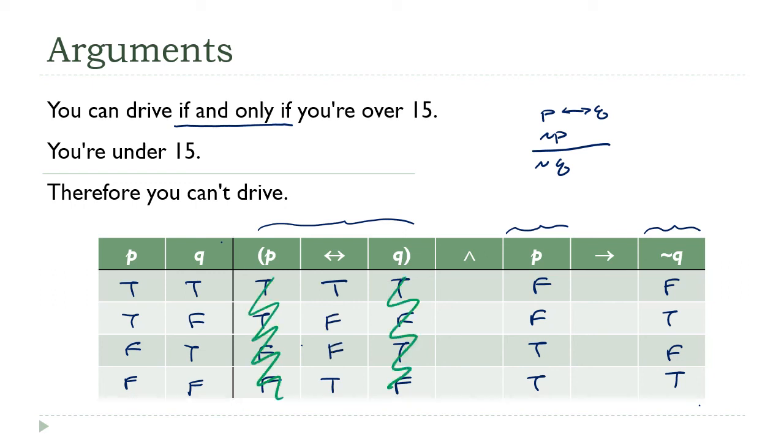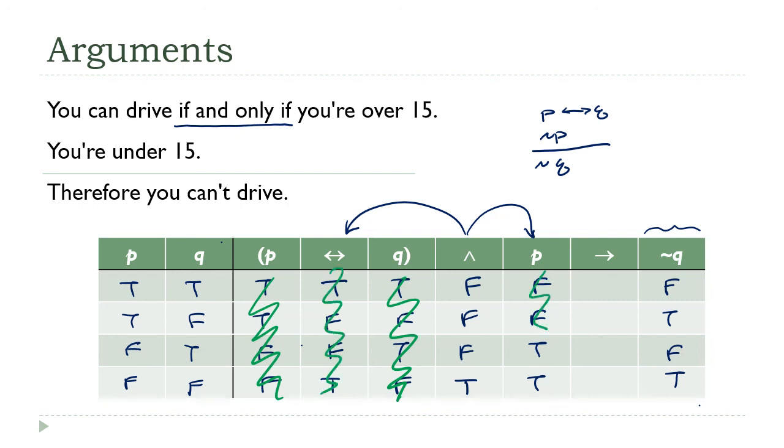Now get rid of these two. And I'm going to do the and. The and is going to be based off of this column and this column. And it's an and, so this is the only place I have two trues. Everything else is false. Now clean up again. I'm done with this column, and I'm done with this column.